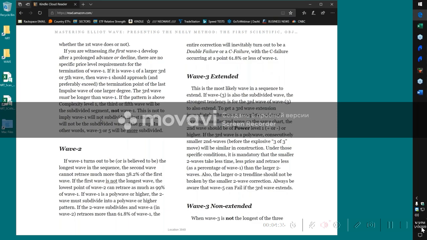So I think it mentions that in this section, but you don't want to allow wave 2 to be too deep unless you're in a terminal pattern. In a terminal, wave 2 can be 99% of wave 1, and wave 4 could be 99% of wave 3. That's the only time you would ever really see that happen.